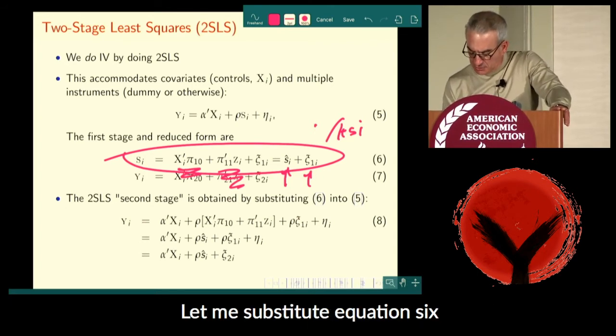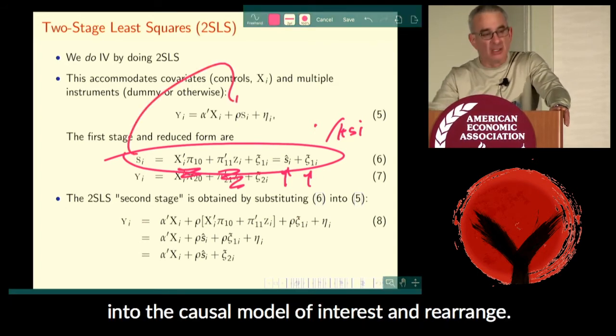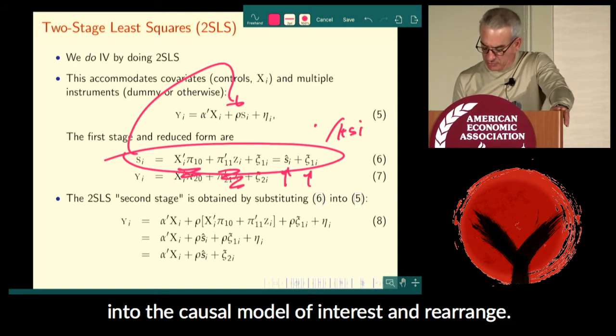Let me substitute equation 6 into the causal model of interest and rearrange.